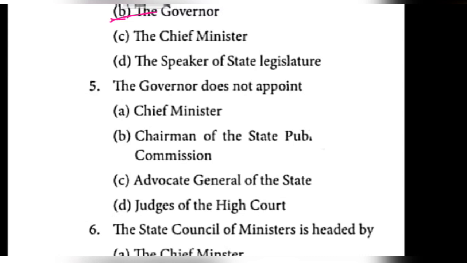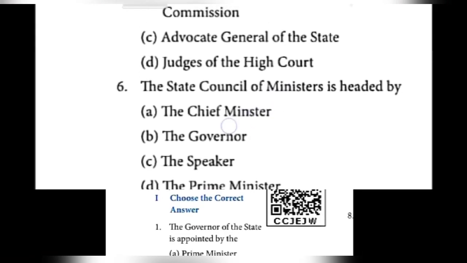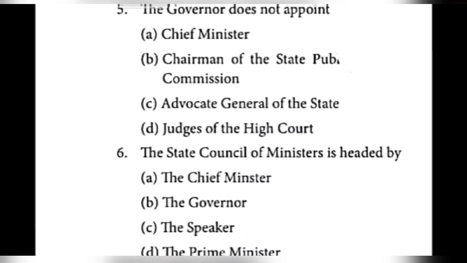Four answers are enough. Sixth one we can mark. Sixth one, what is the answer in the sense? Governor is the answer. Fifth one alone we did not mark, children. After the completion of the teaching I will tell that. Governor does not appoint, that one later I will tell.